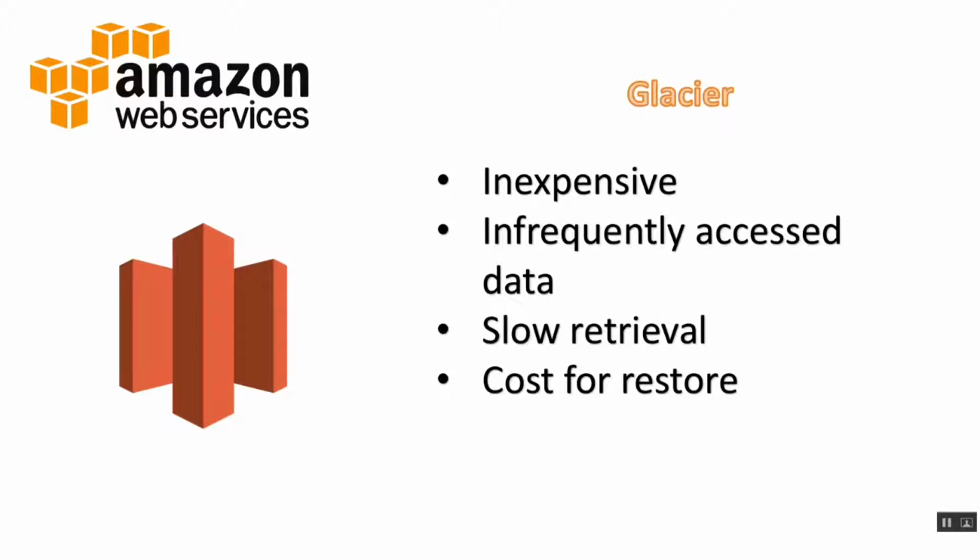So super cheap. You're going to use it for infrequently accessed data because it's not a high performance disk. Just getting your data back apparently isn't going to be super fast, and even browsing the Glacier file system would be challenging.